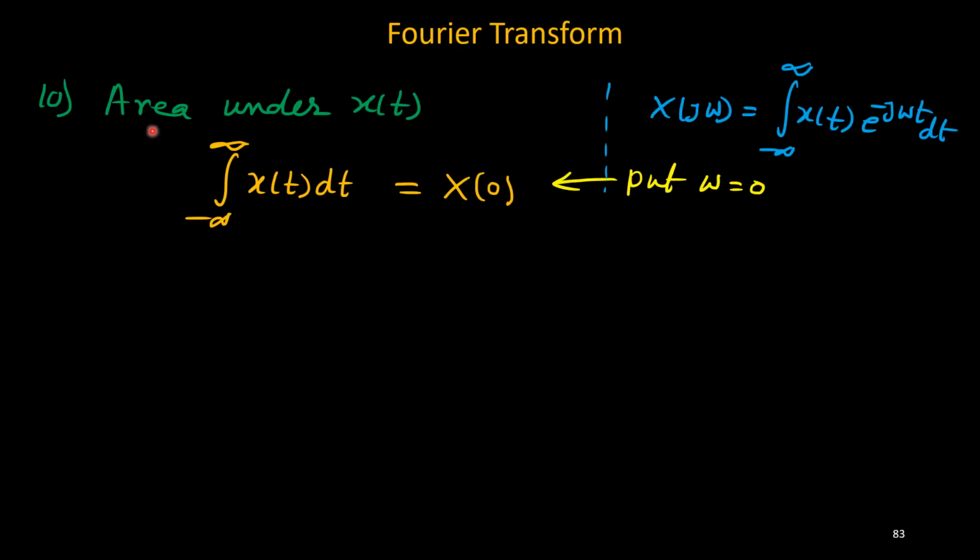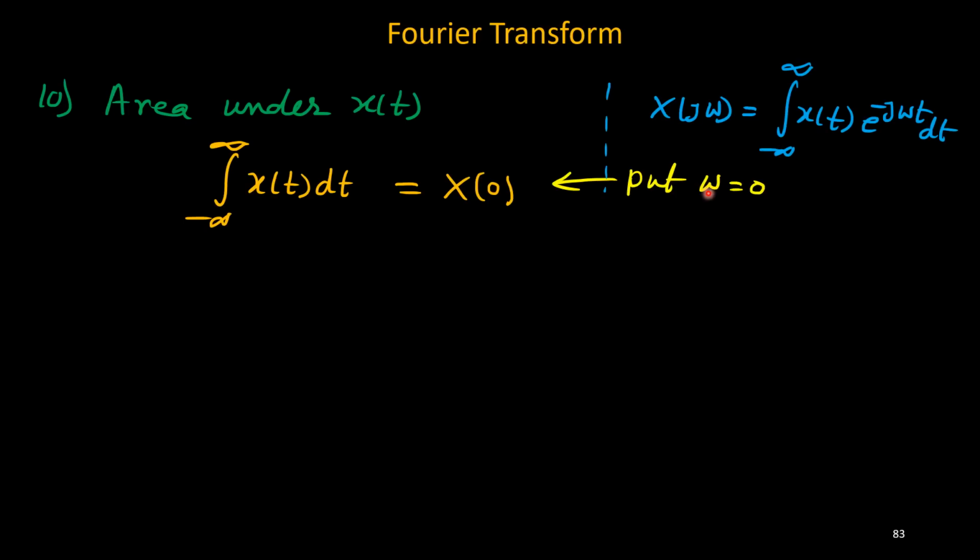Then the next property is the area under x of t. It is also useful. The integration of x of t dt, the area under x of t, will simply be capital X of 0, the value at omega equal to 0. That is very easy to understand, because the Fourier transform capital X of j omega is given by the integration of x of t e to the power minus j omega t dt.